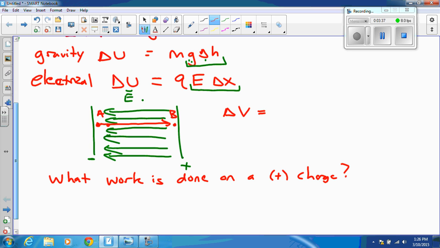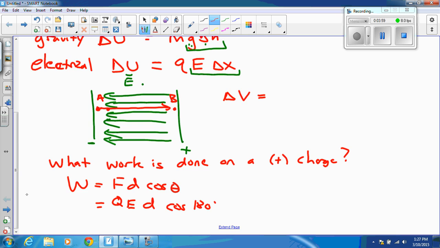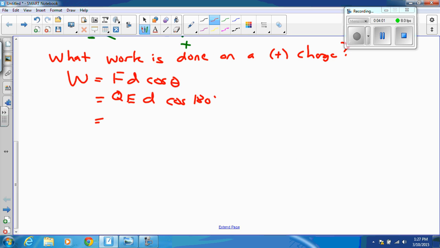If I think about work being done as work equals force times distance times the cosine of the angle between, and the force is equal to charge times field, and the direction that I'm moving is from A to B. The field is pointing that way, so the angle between the two is 180 degrees, and the cosine of 180 degrees is -1.